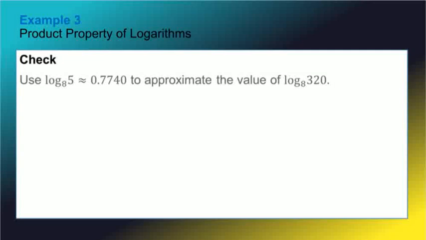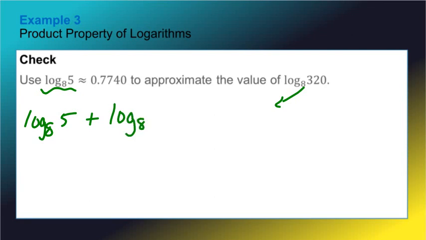Next, example 3 says use log base 8 of 5 to be about 0.7740 to approximate the value of log base 8 of 320. Now I need a log base 8 of 5. So I can write this as log base 8 of 5 plus, if I did 320 divided by 5, I get 64. So it would be log base 8 of 64.